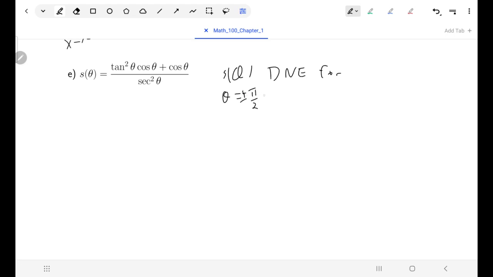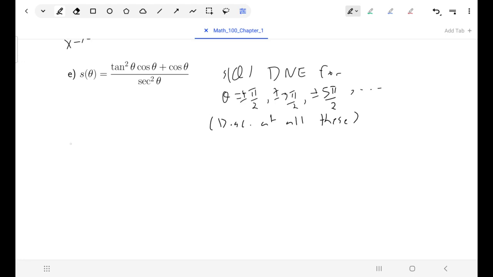So plus or minus pi over 2, 3 pi over 2, 5 pi over 2, and so on. Those are all places where tangent is undefined and also where secant is undefined. So I already know that those are going to be all places where we are discontinuous. So the question is, what kind of discontinuous are all these ones?